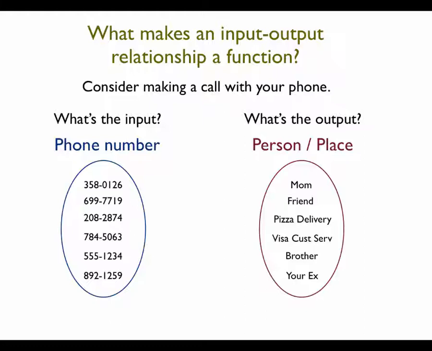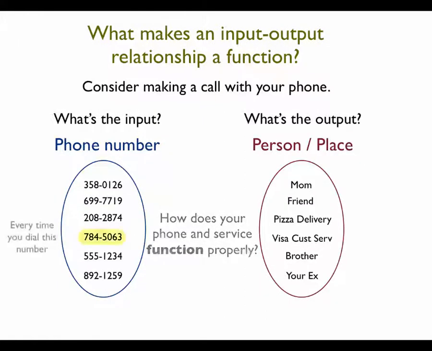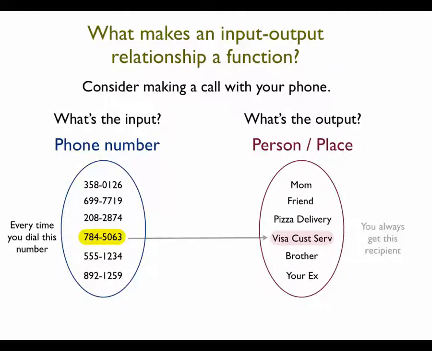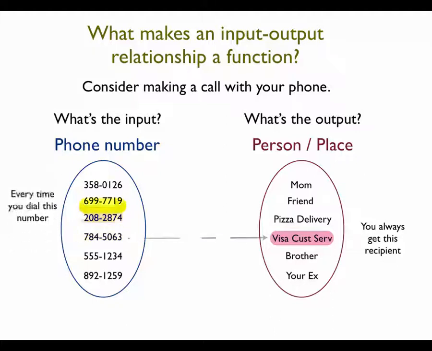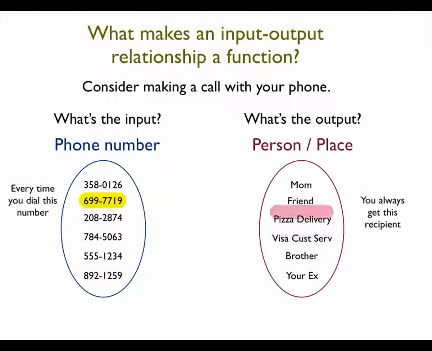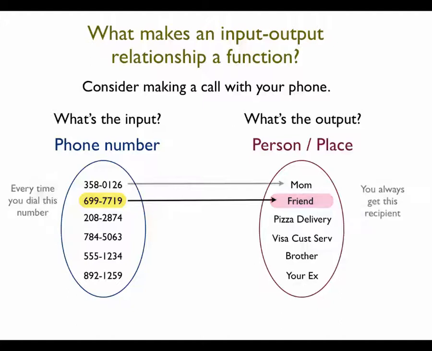All right. So how does it function properly? When you call a number, you always get this recipient. When you call that number, you always get the right person or place. That's a functioning phone. So now I'm going to call this number. I better always get my friend.